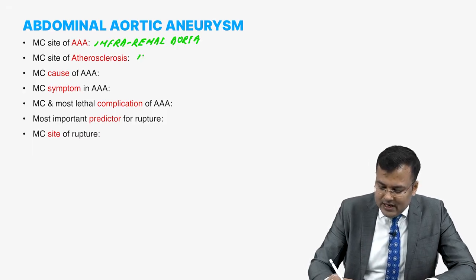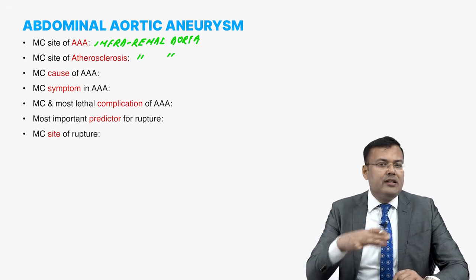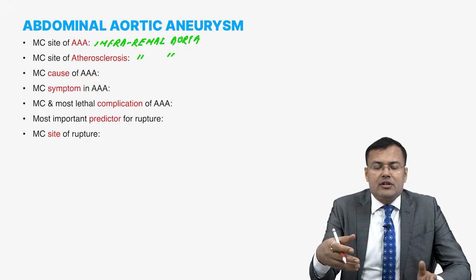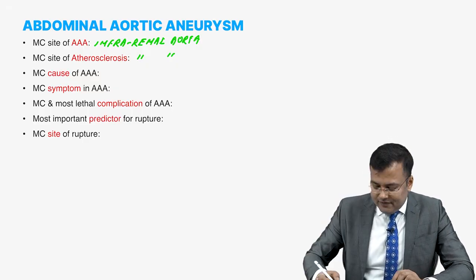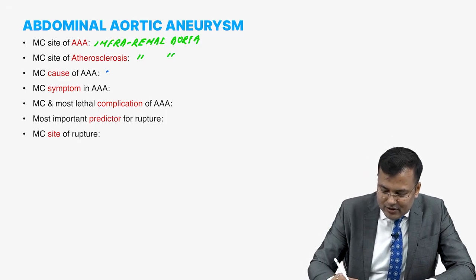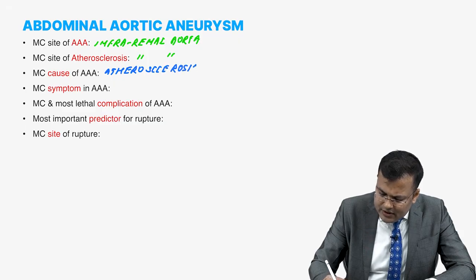So if the most common site of atherosclerosis is also same, there must be some relation between abdominal aortic aneurysm and atherosclerosis. What? That the most common cause of abdominal aortic aneurysm, we discussed, it is atherosclerosis. Clear? Next, what is the most common symptom?